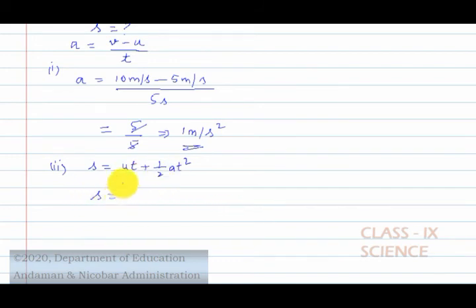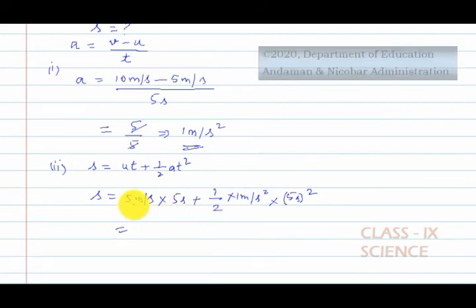So s is equal to initial velocity 5 meter per second into time 5 seconds plus half. A is just now we have found out, 1 meter per second square, multiplied by time 5. So we have to write square of 5. For sake of simplicity, we just discard the units so that our calculation process will become very easy.